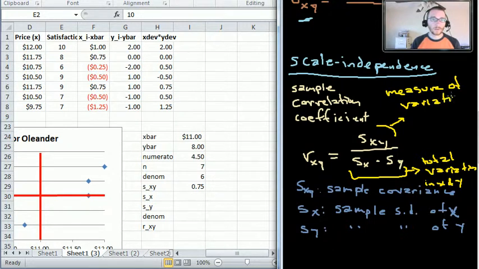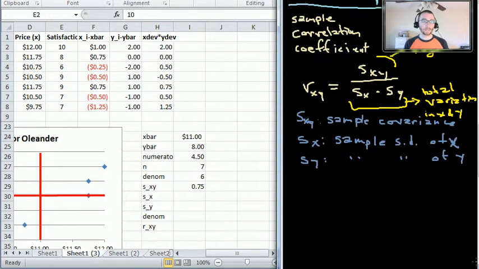And so the largest S sub xy could be in magnitude would be exactly equal to S sub x times S sub y. What that means is that the maximum value that rxy could take is 1.